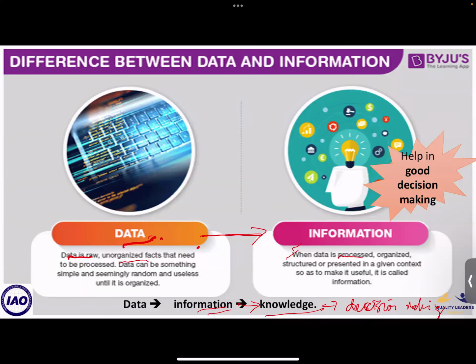I don't know if this rate is high or low, over how many months, or whether the patient fall rate is increasing or decreasing. So when I gather the data well, organize it, display it on a graph and analyze it, I will have the knowledge, and this knowledge will help me in decision making. So this, in summary, is what we call information management systems.